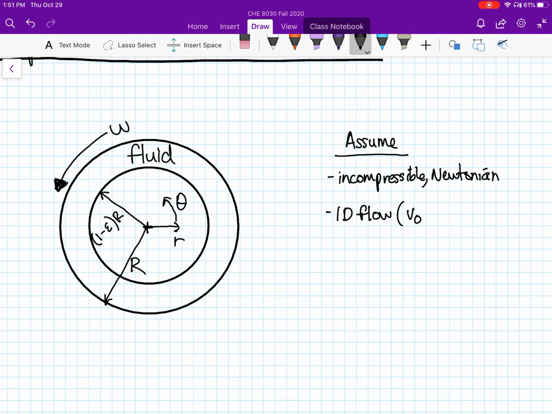That is, the theta component of the velocity is going to be a function of r. We will assume we have steady flow. And we will also assume that we don't have any contribution from the dynamic pressure.